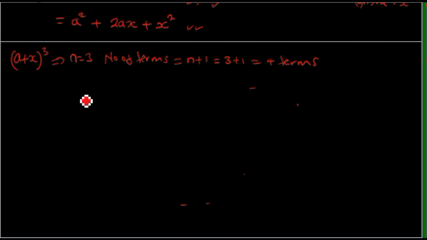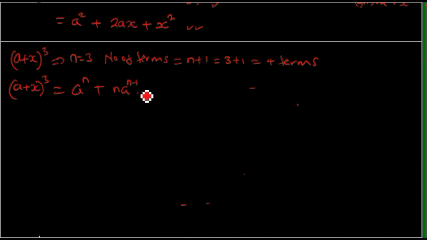And from our binomial theorem, expanding (a + x) power 3 equals a power n plus n into a power n minus 1 times x.